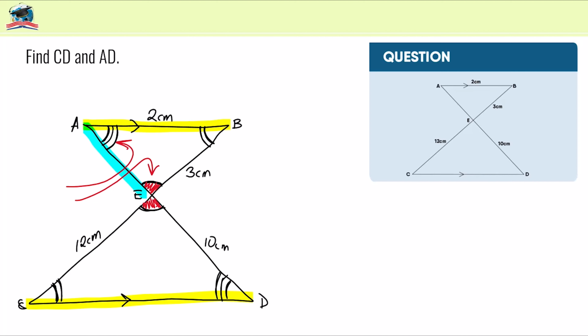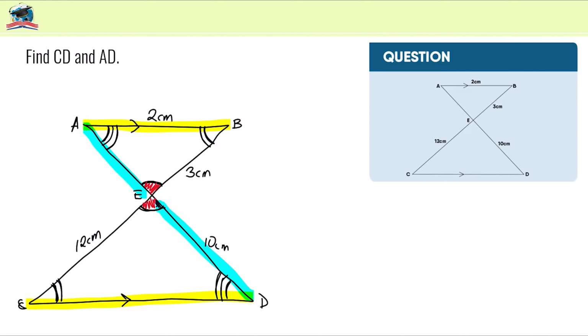And then looking here, from D to E, we got the same thing. We got 3 strokes here, and we got 1 stroke here. Therefore, these two sides, AE and ED, are similar.